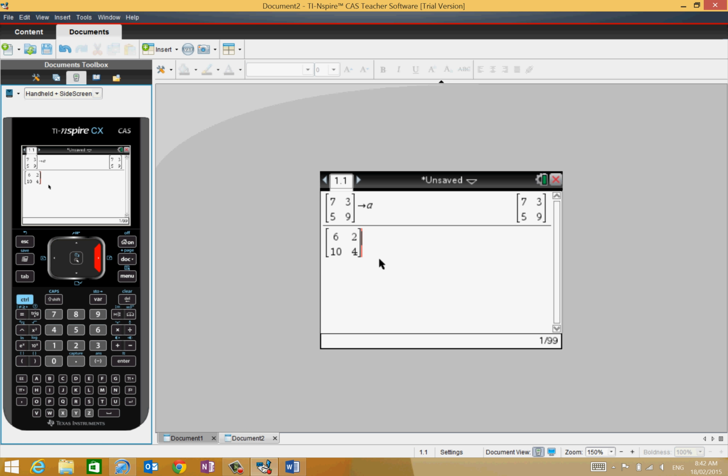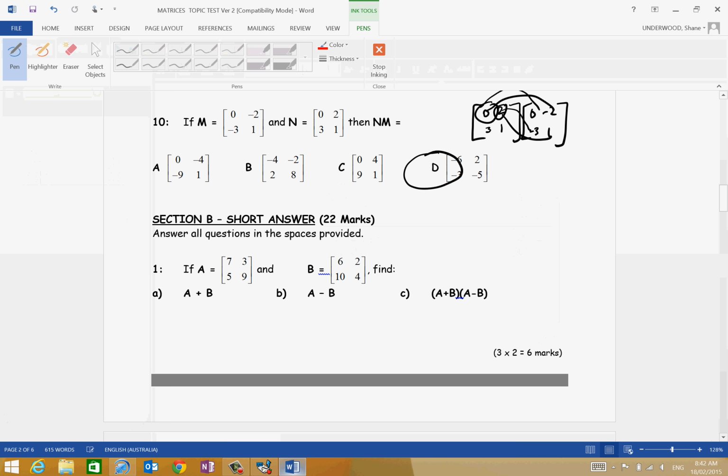And I'm going to store that as variable B. Press enter.